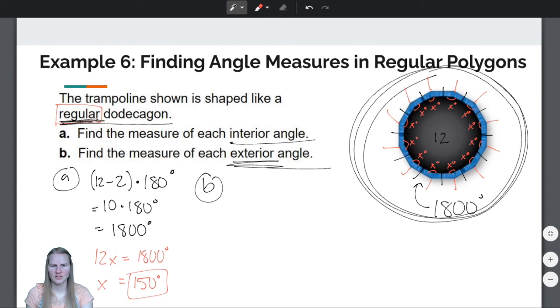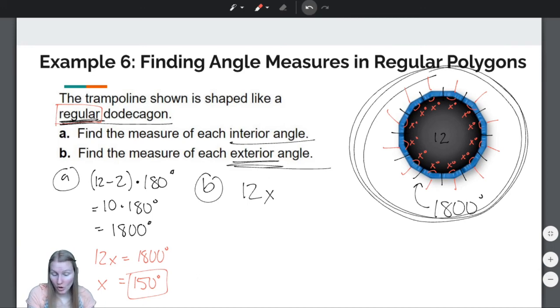How many vertices do I have in this shape? 12. I have 12 vertices, 12 sides, so I have 12 exterior angles that are all going to be the same, because exterior angles are linear pairs with the interior angles, and all of the interior angles are the same.